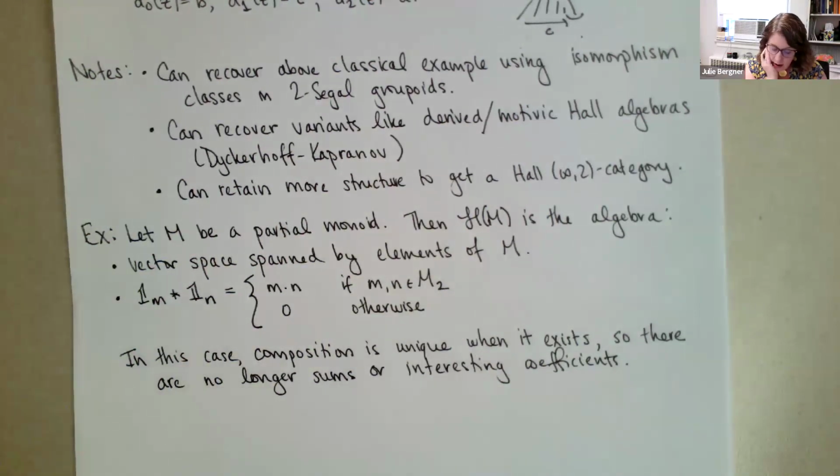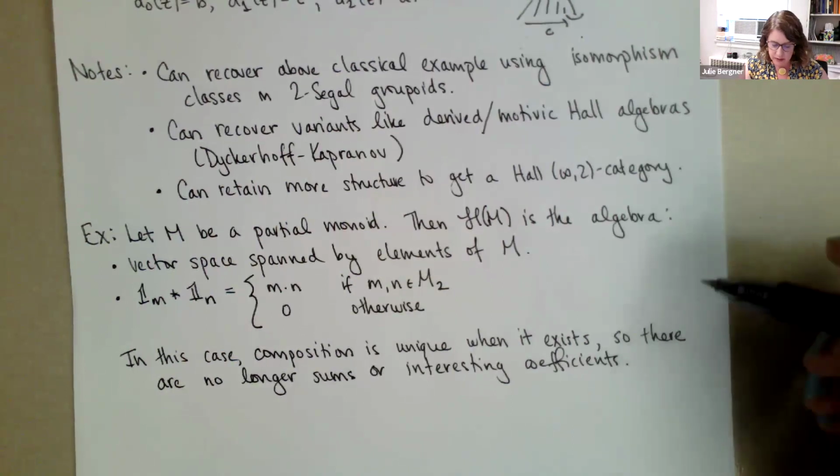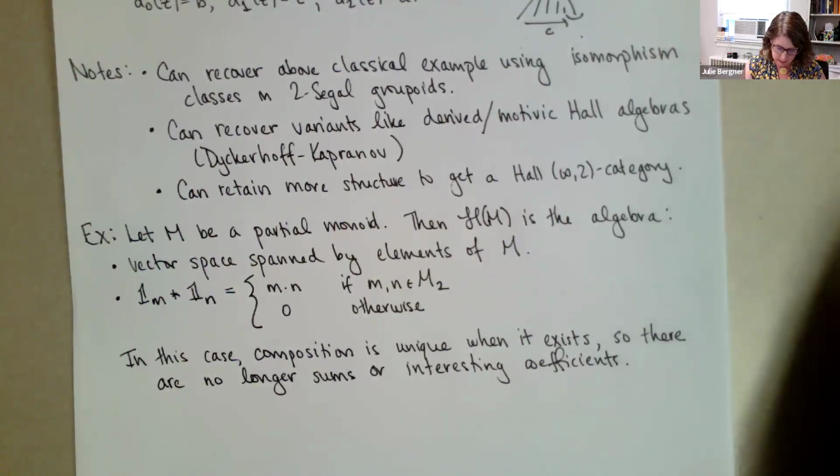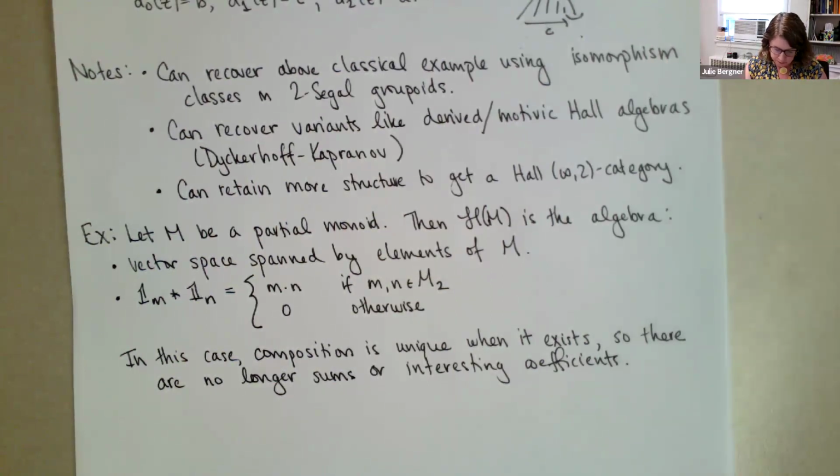Now, in fact, both the examples, the running example, and in the first lecture I also talked about this example of cobordisms with genus constraints, both of these fairly concrete examples are ones where composition is unique if it exists. That's not true for the S-dot construction.